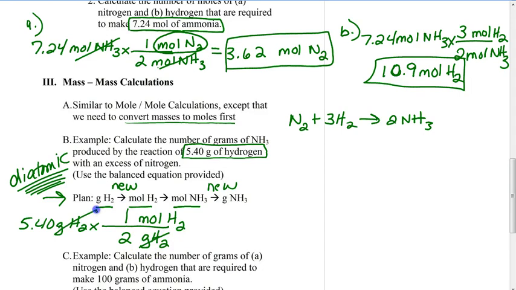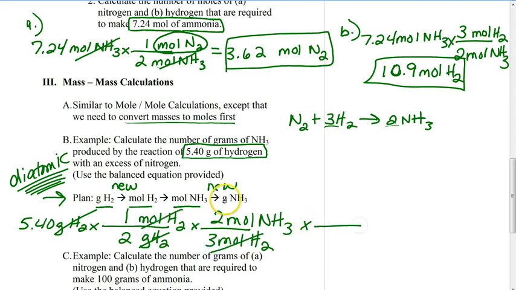So that will cancel. Now I'm going to do my simple mole to mole ratio, go from moles of hydrogen to moles of ammonia. Look at my balanced equation. So for every 2 moles of ammonia, I need 3 moles of hydrogen. Cancel, cancel.